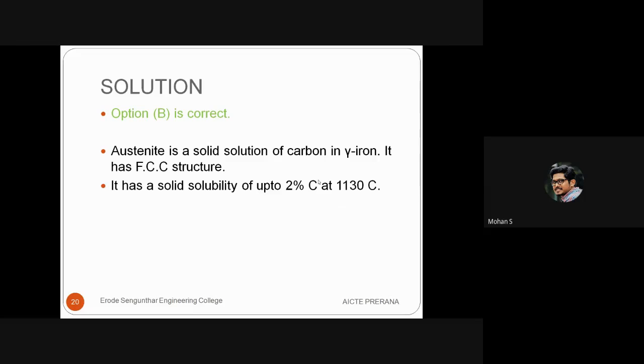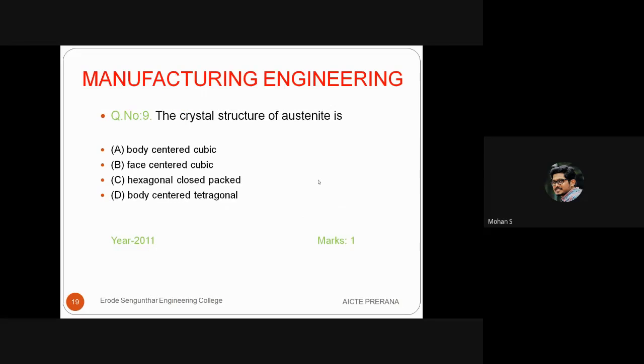It has a solid solubility of up to 2% carbon at 1200 degrees Celsius. That is the right answer. Please make a note: the crystal structure of austenite is face centered cubic. Right. Let us move on to the next question.